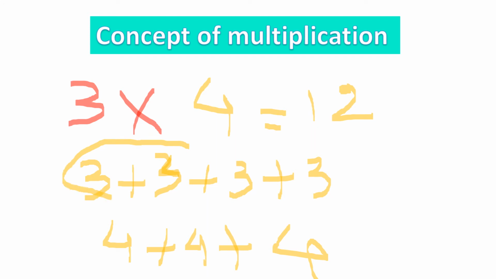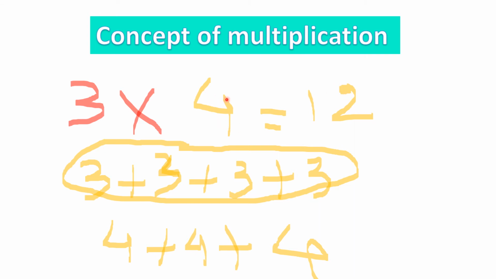So 3 is taken 4 times. Can you see? 3 taken 4 times is 12. Now add this: 3 plus 3, 6. 6 plus 3, 9. 9 plus 3, 12. So can you see? 3 into 4 means 3 taken 4 times. Add it and you will get this.